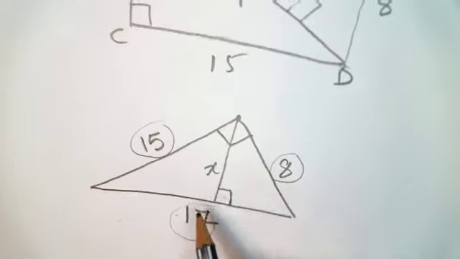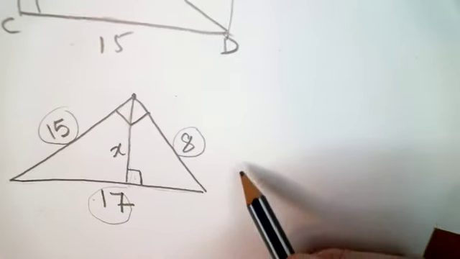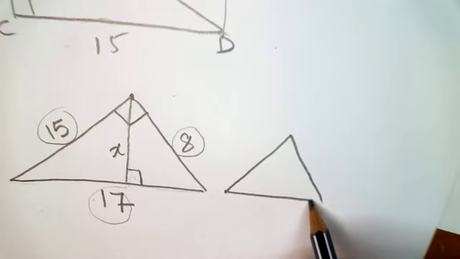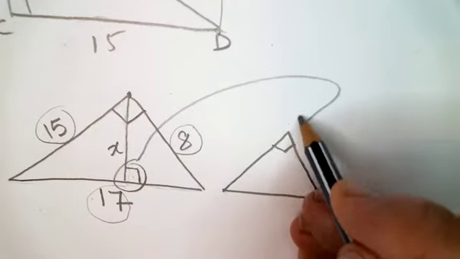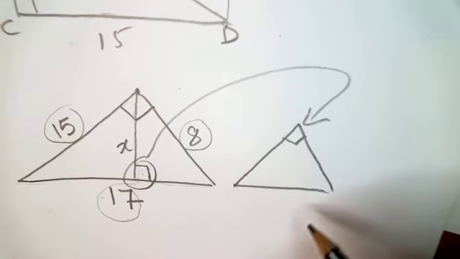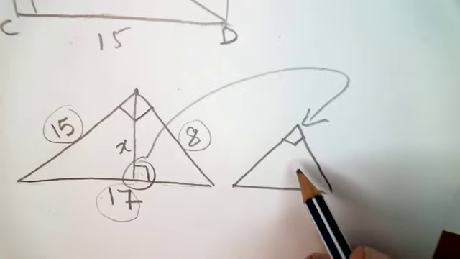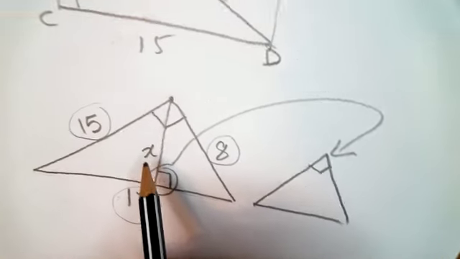So let's take this little triangle down here now and redraw it right next to it, in fact. There it is. There's my right angle. Now, we want to find x. Well, x is going to be this side here. So I've taken this one, twisted it and put it on its side.